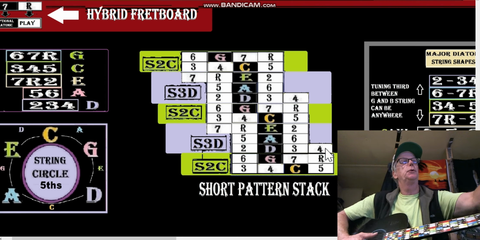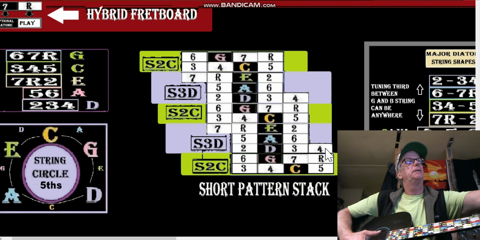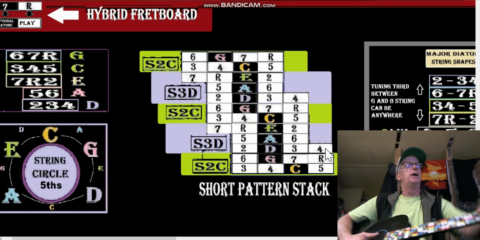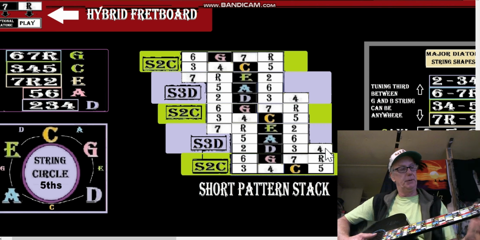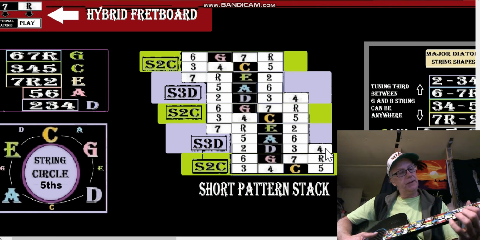For that Dorian, like that, I can play it down. Okay, so we would follow the C scale from the D note, and that gives us the Dorian scale, and it's also in the key of C.